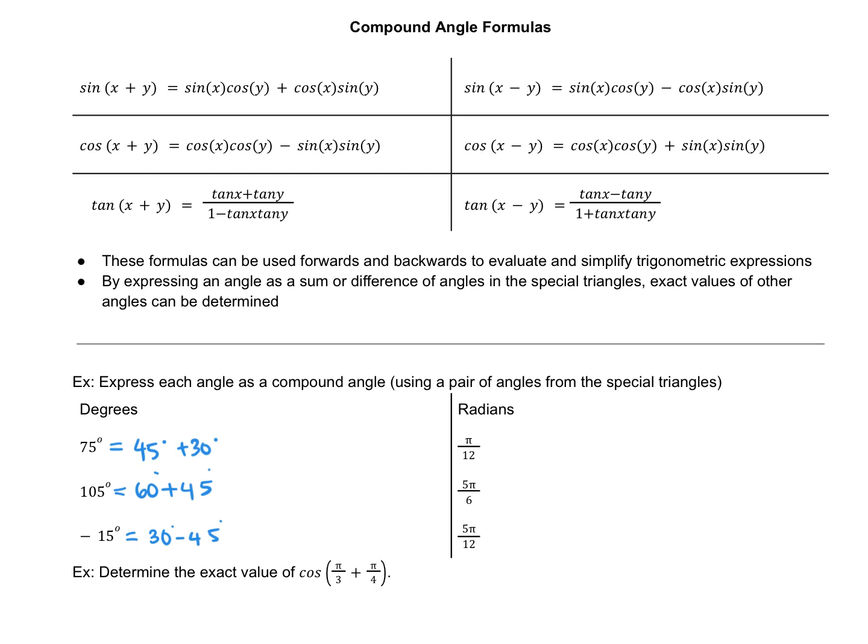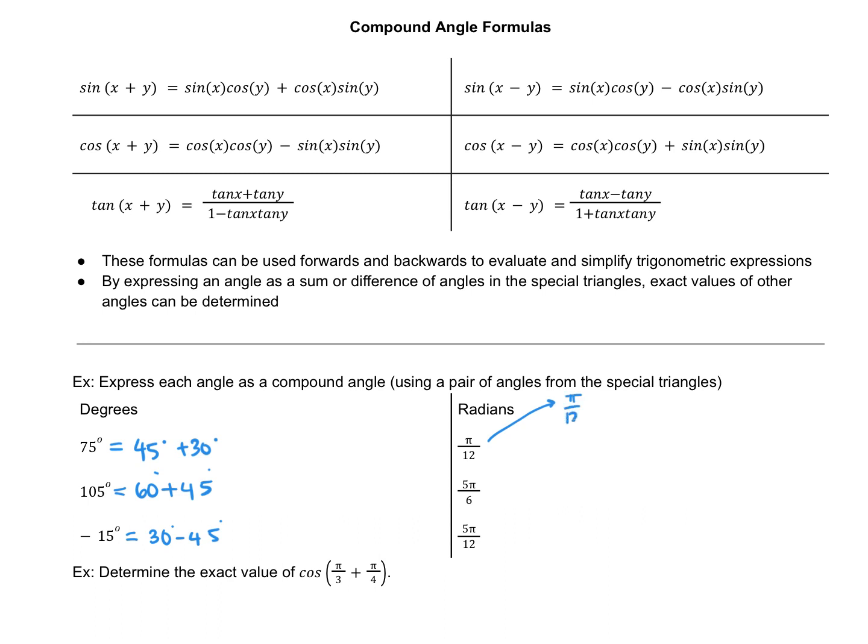Next, we'll do the same thing, but in radians. So I have pi over 12. Now, if you look at pi over 12 and you can't think of the radian measure special angles to come up with this fraction, because that would require common denominators and all of that, you can always take your angle in radians and turn it into degrees.